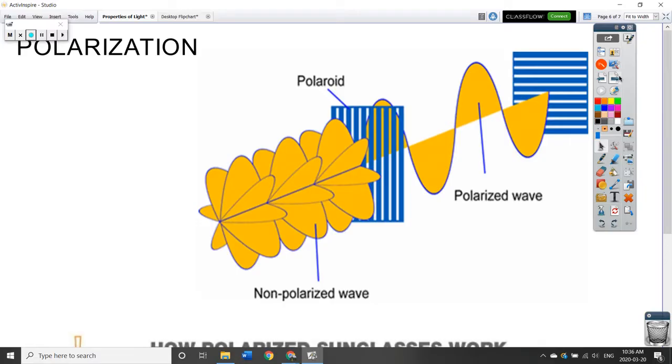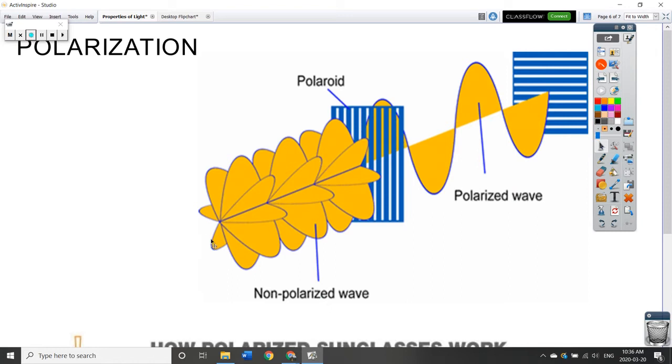You can see an interference pattern. If you were to make a little slit with your fingers like this, and then look up at a source of light, you will see dark and light bands. That is an interference pattern, just like what you saw on that screen, which is evidence of diffraction.